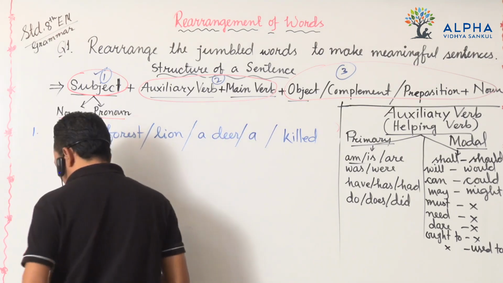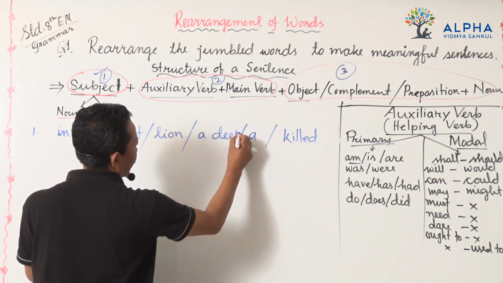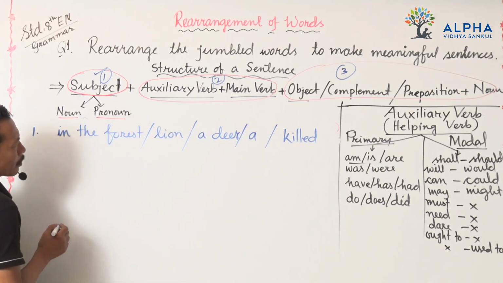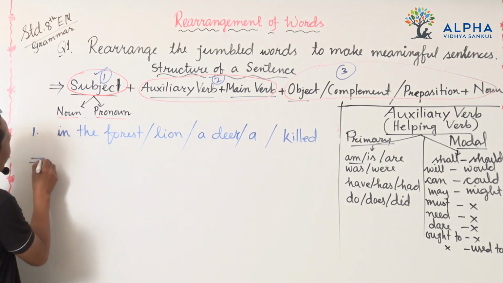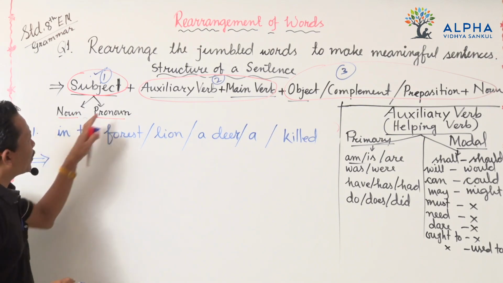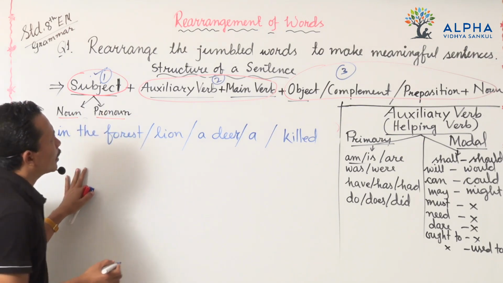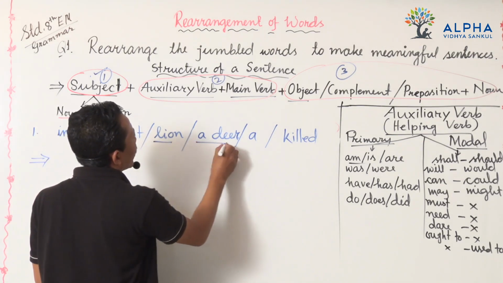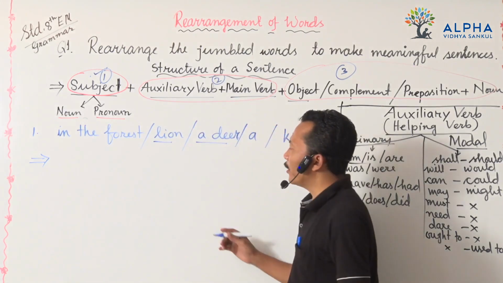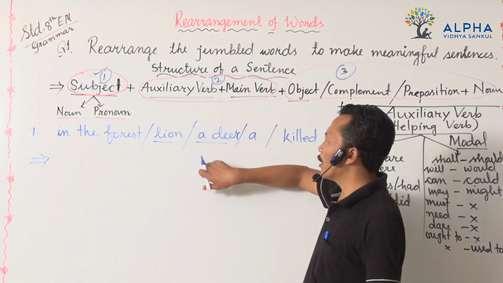Students, if you try to find out here, how can you see? The first is the subject. The subject should be first. And the subject is lion or a deer. You can find here lion or deer.